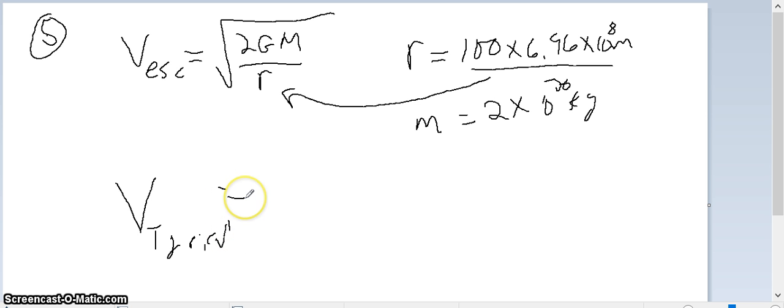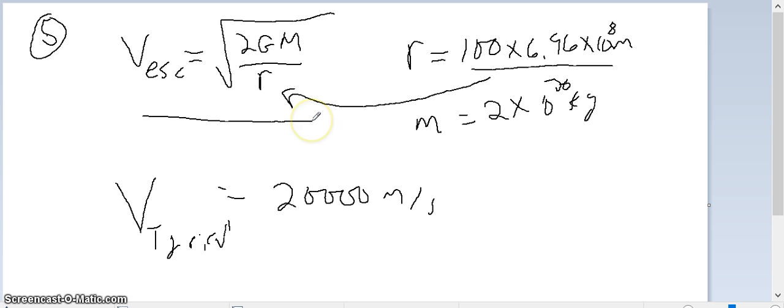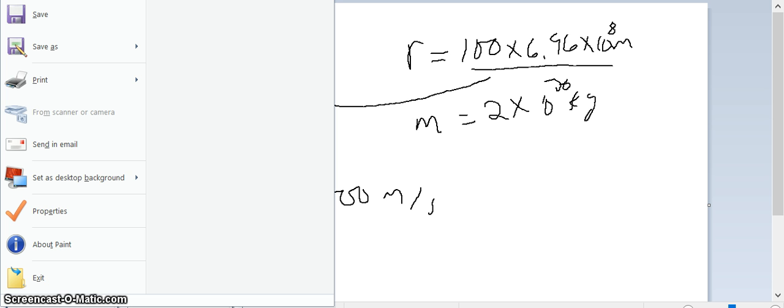Sorry, that didn't look very nice. So when you do this calculation up here, how does that compare to 20,000 meters per second? All right, that's number 5. Let me go to the next one here.